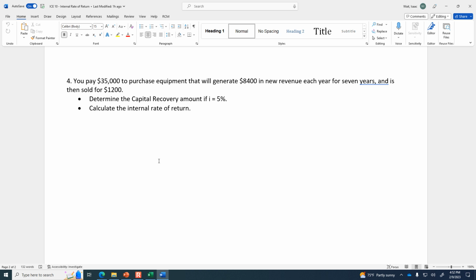If we think about a cash flow diagram here, we pay $35,000 today at the present, and then it's going to generate a certain amount of revenue each year, and then is sold for $1,200.